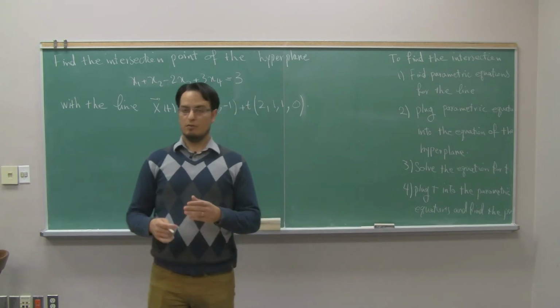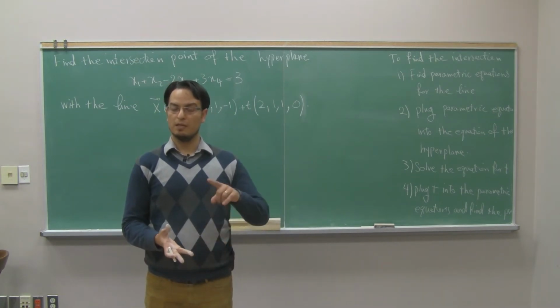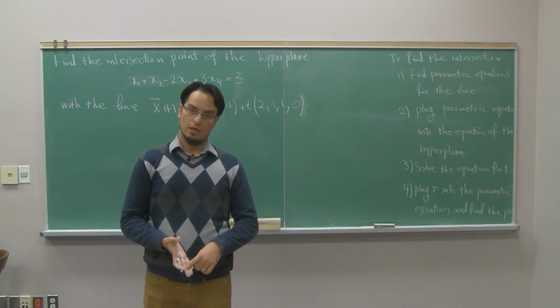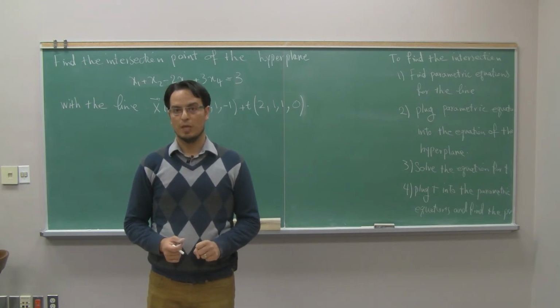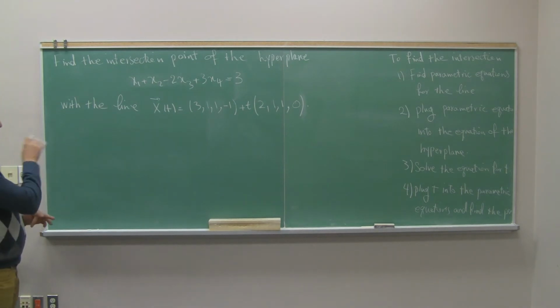That's it. Plug in parametric equations in the equation of the hyperplane, solve for t, plug it back into the parametric equations, and you'll get the points. Okay, so let's do all the steps for this specific example.